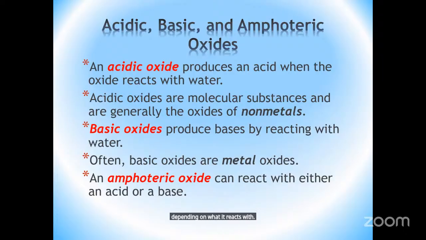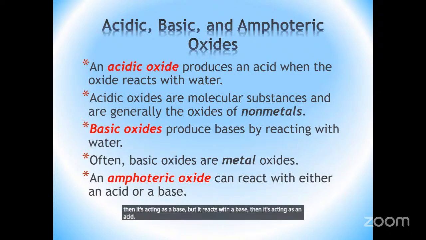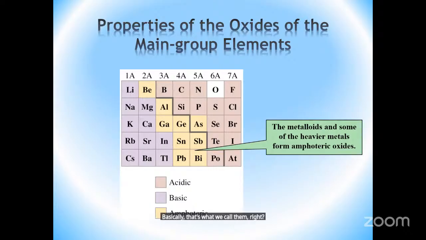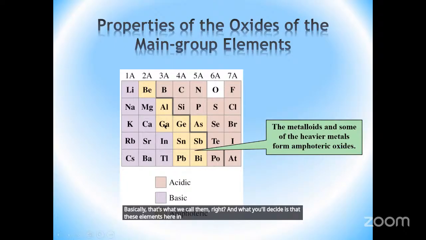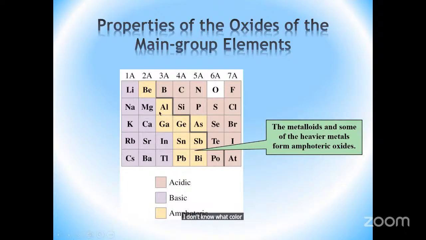So if it reacts with an acid, then it's acting as a base, but if it reacts with a base, then it's acting as an acid. Basically, that's what it comes out with, right? And what you're going to find is that these elements here, I don't know what color this is, something looking like yellow, they tend to form amphoteric oxides, right?